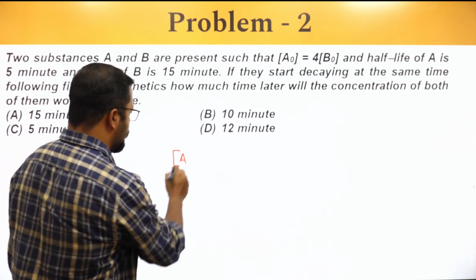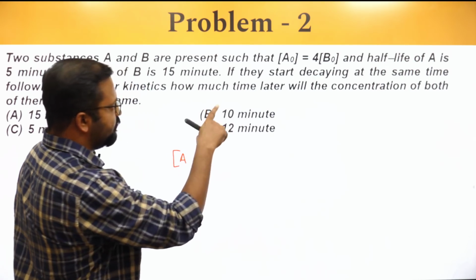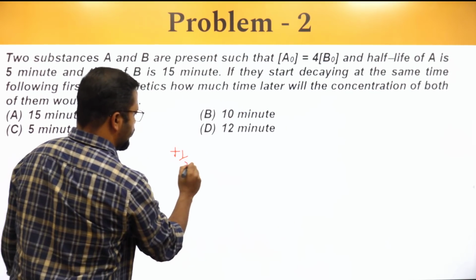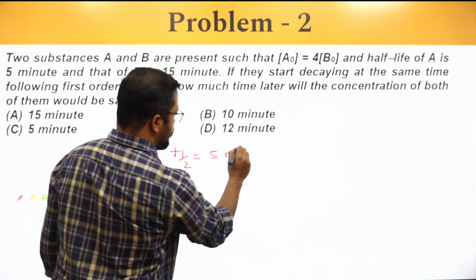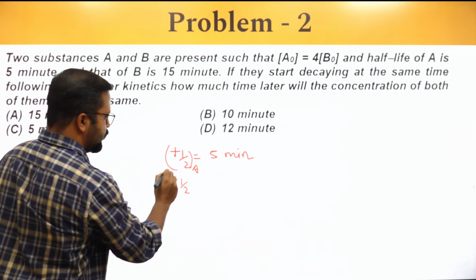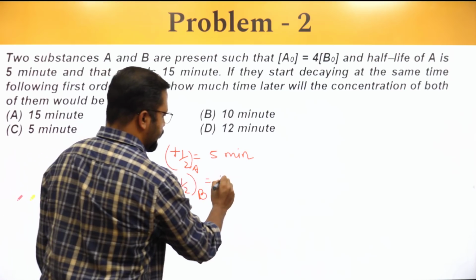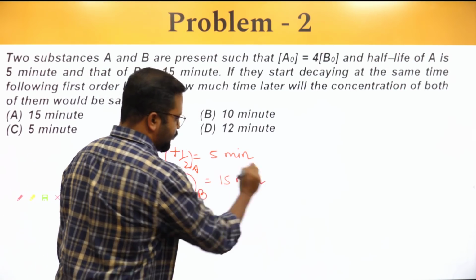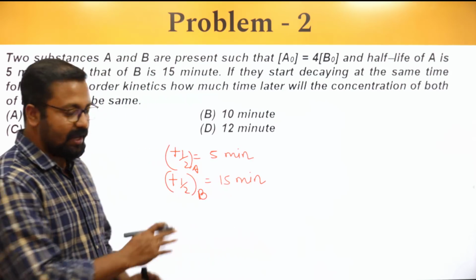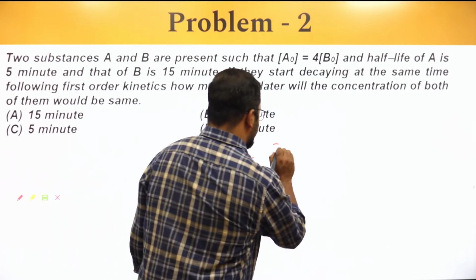So it is given that half-life of A is 5 minutes, T half of A is 5 minutes, T half of B is 15 minutes.